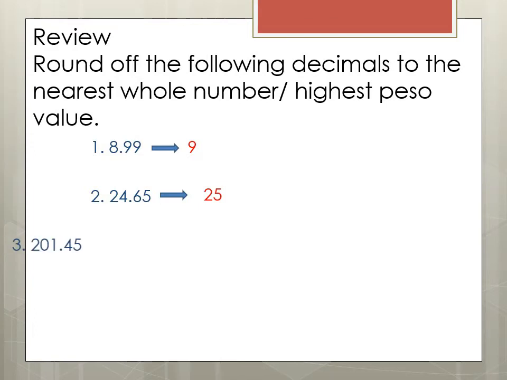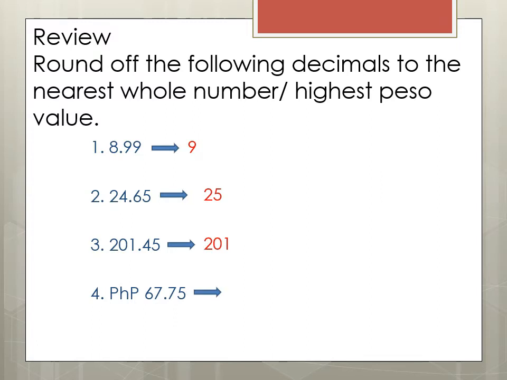For number 3, can you think of the correct estimation? Yes, it is 201, since at the right is 4. Number 4, round to the highest peso value. So if it is 67 pesos and 75 centavos, it will be 70 pesos.